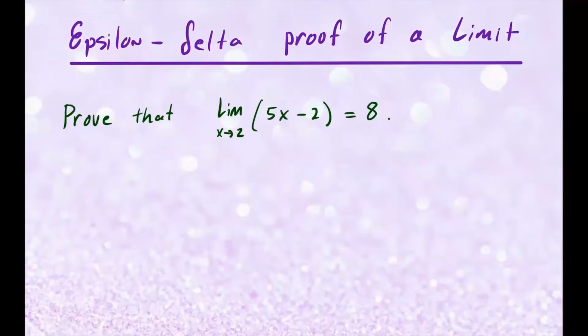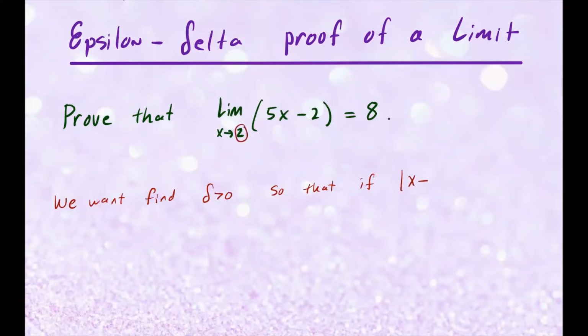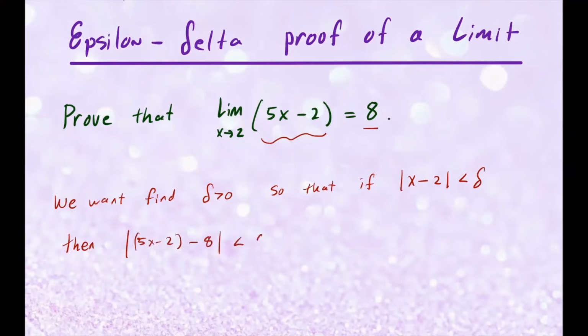We want to find delta greater than 0 so that if the distance, the absolute value of x minus this number right here, 2, that is our a, if you remember the definition, is less than delta, then the distance in absolute value of the function f of x, this is your function f of x, 5x minus 2, minus L, this is L, 8, is less than epsilon.